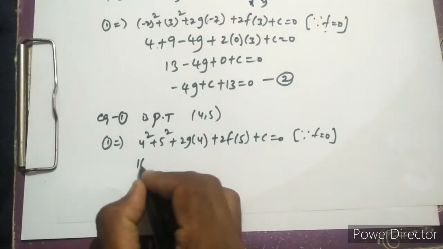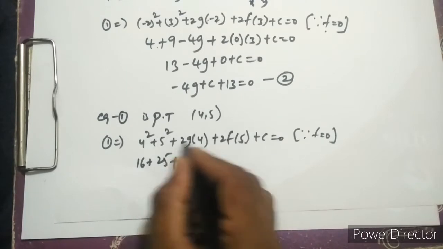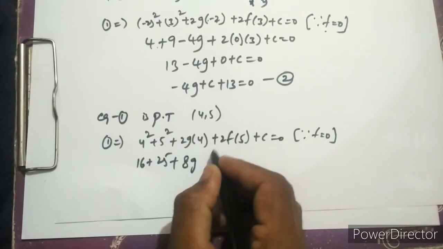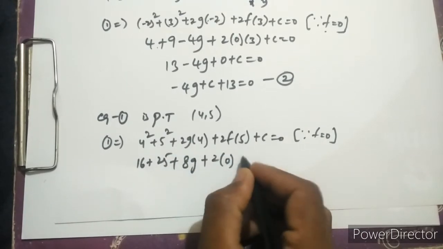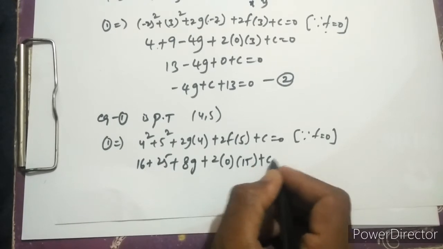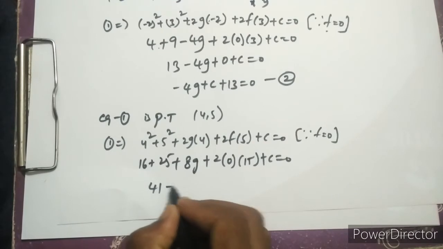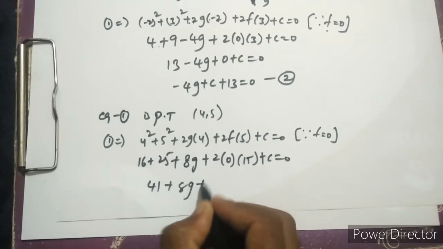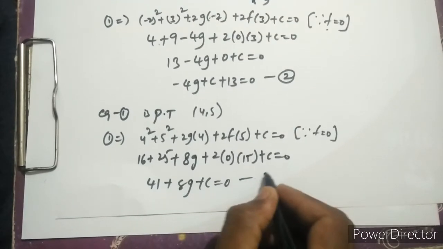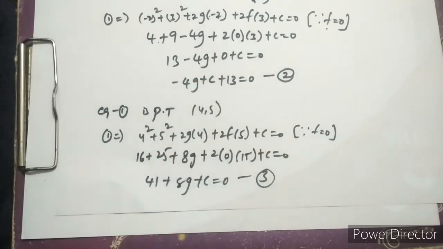So 4 square is 16 plus 25 plus 8g plus 2 into 0 into 5 plus c is equal to 0. So 25 plus 16 becomes 41 plus 8g plus c is equal to 0. This is equation number 3. So we got equations 2 and 3.